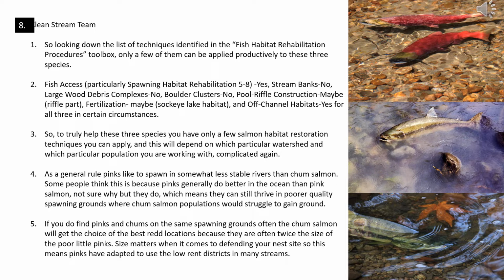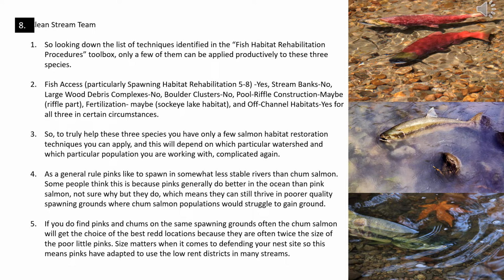As a general rule, pinks like to spawn in somewhat less stable rivers than chum salmon. This is generally not well documented in the literature, but this is from just observation.